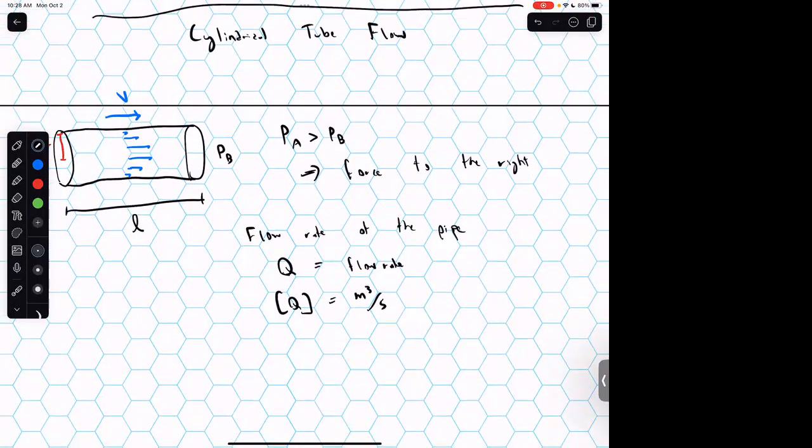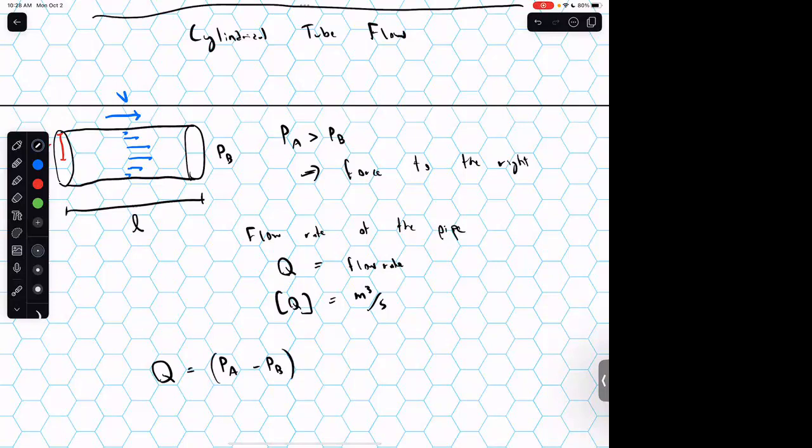So I won't derive this because I think that the derivation is pretty insane. So I'm just going to show the equation here, but we'll talk about what it means. So for a pipe with laminar flow, the flow rate Q is given by PA minus PB.